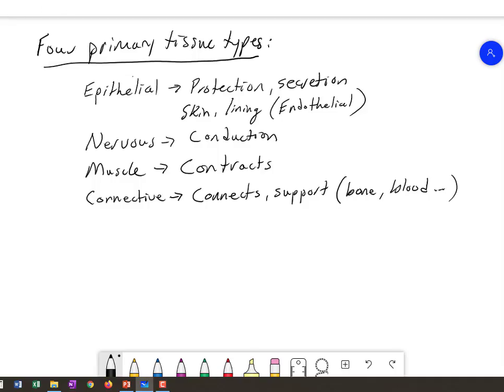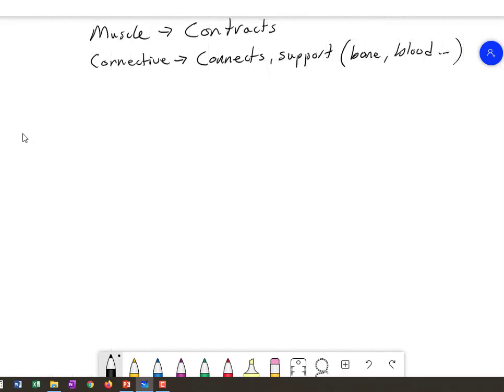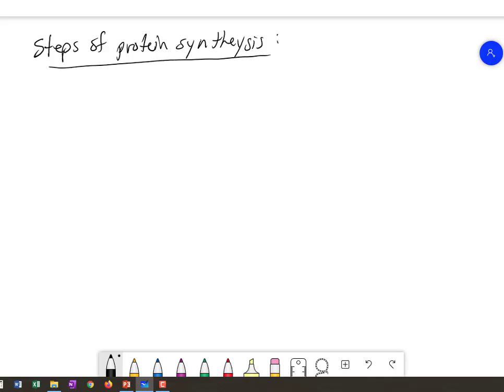So with that, I do want to talk about one other set of ideas here, and that is the steps of protein synthesis. Most of you are familiar with this, I'm sure, from general bio.